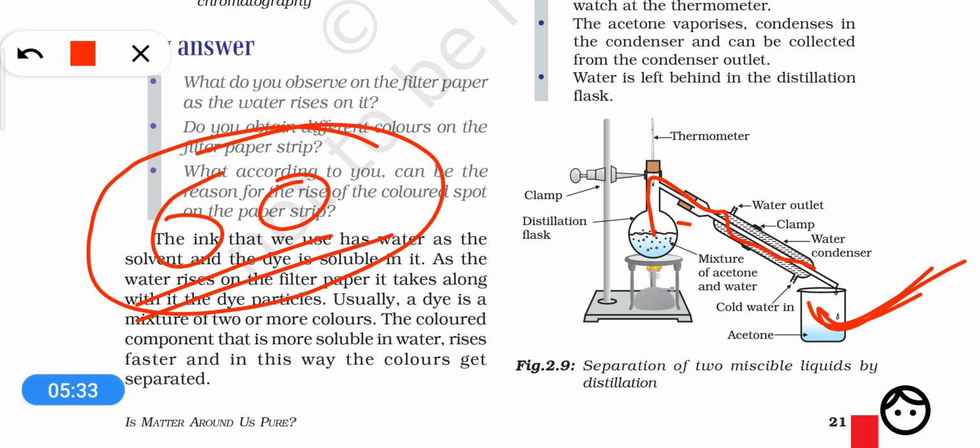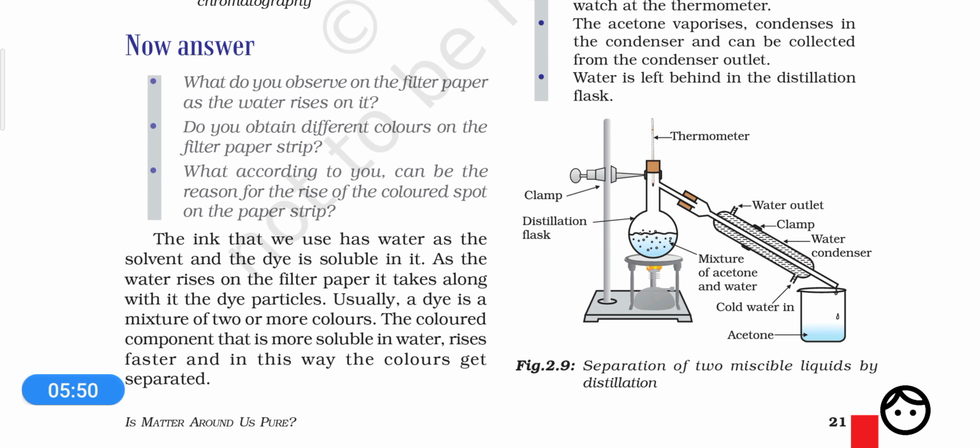But the water will remain here only because this is not the boiling point of water. So this is how we can say that acetone is separated from water. This method is called simple distillation method. All right.